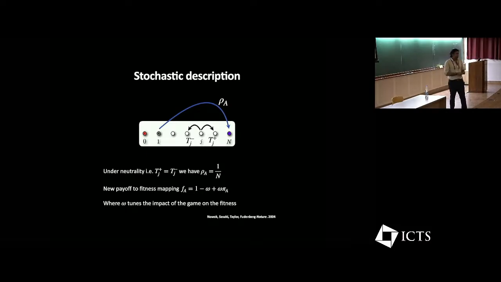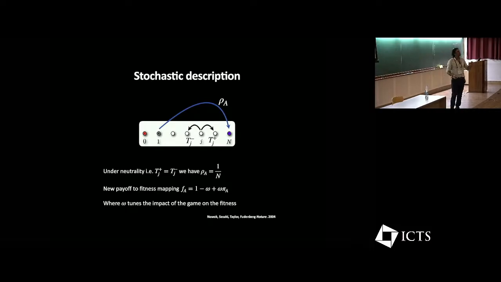For the stochastic processes, usually you try to also use a different payoff to fitness mapping. And there are various reasons why you would do that, because the argument can range from, okay, the game doesn't really have that much of an impact on your fitness. So there are other things that matter, and this game contributes a little bit to this fitness. And that's why you can think that there's this omega, or usually omega or beta, something that people use.